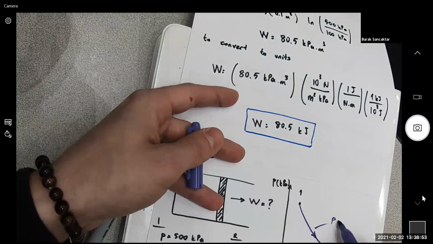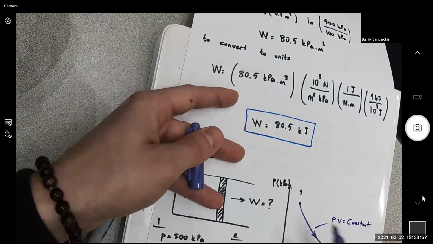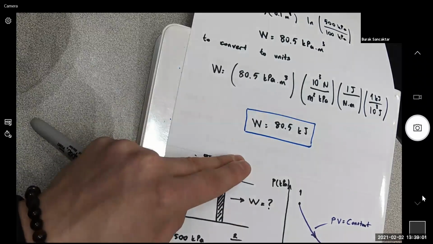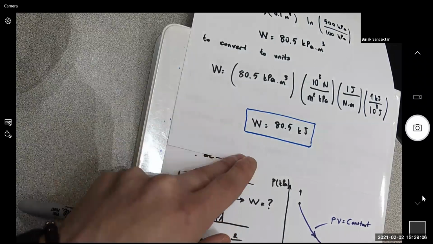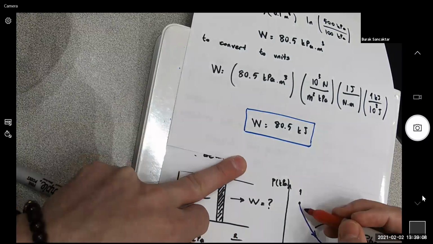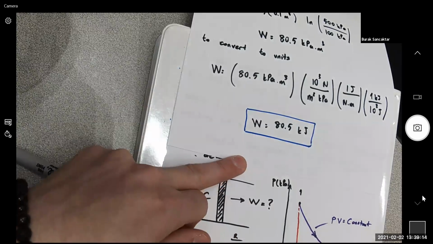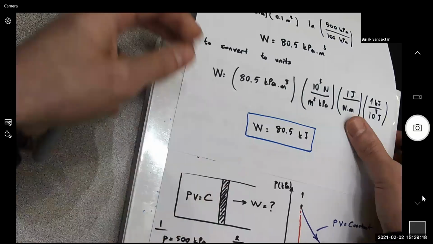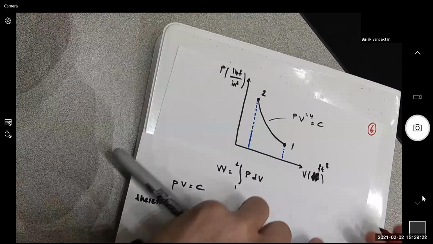Okay, P, V. Under the curve. It's a little strange.